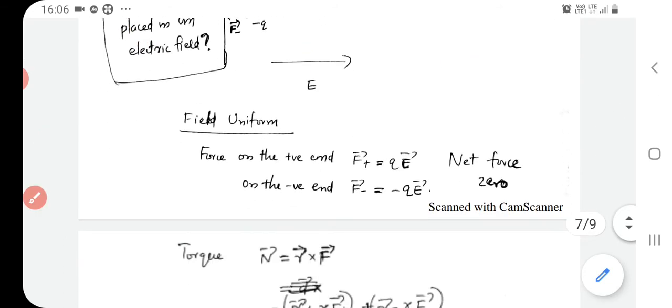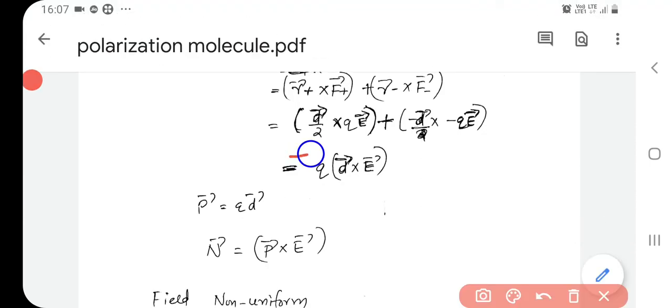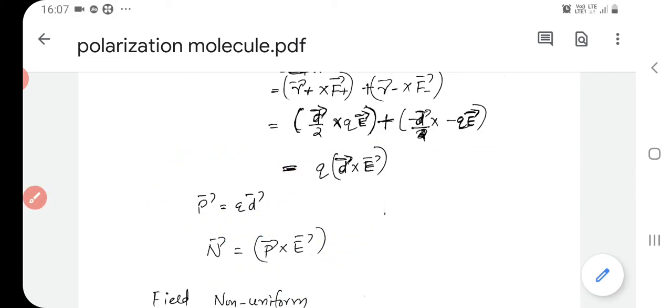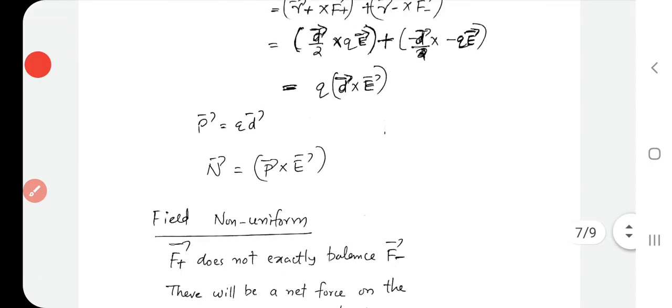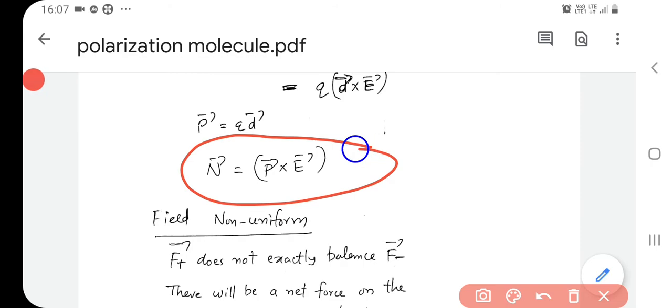So I take R plus as D by 2 and R minus as minus D by 2, and when they combine, you will have Q D cross E. And QD is the dipole moment. So N is equal to P cross E. This is the torque acting on the dipole when it is placed in an electric field.